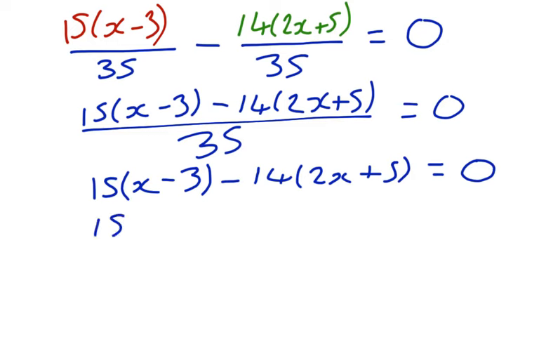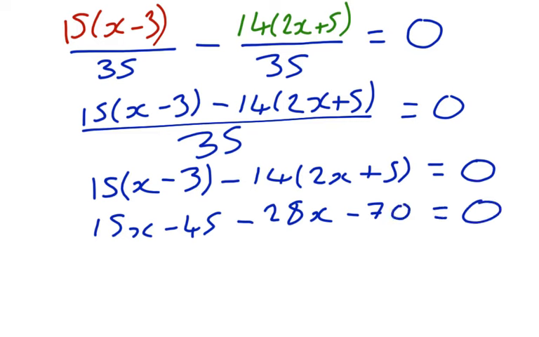Expanding the brackets, we get 15x - 45 - 28x - 70 equals 0. Now, cleaning that up a little bit, we're going to get -13x - 115 equals 0.